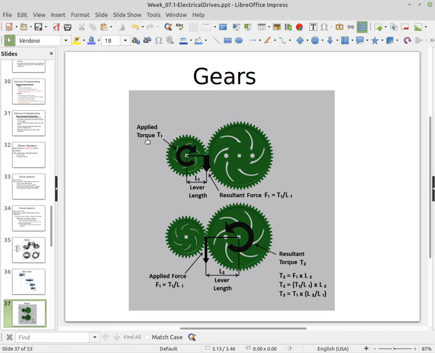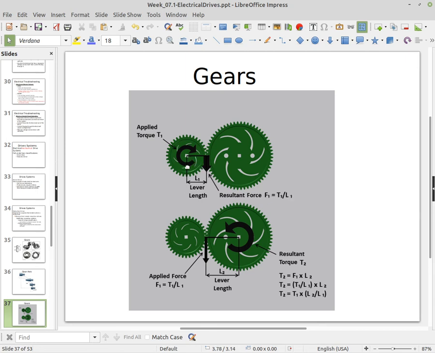All right, so how do we increase torque? Well, you have a force being applied, and so the torque is the force times the distance, or the force is torque divided by the distance.